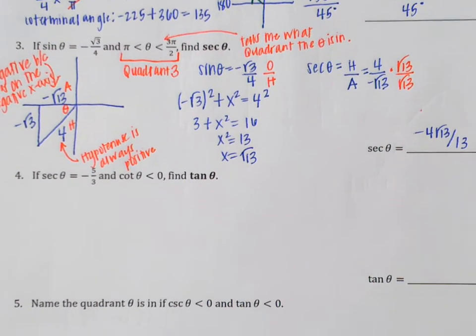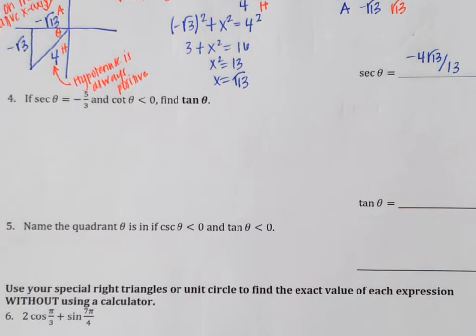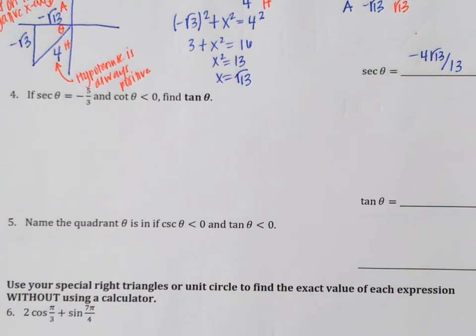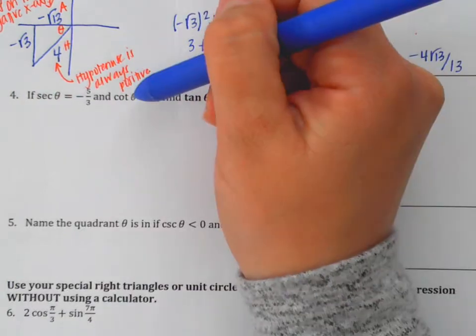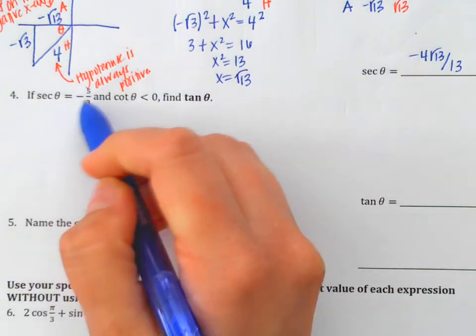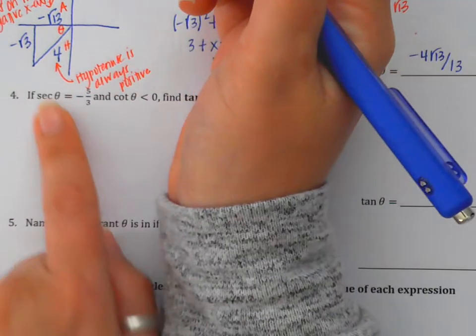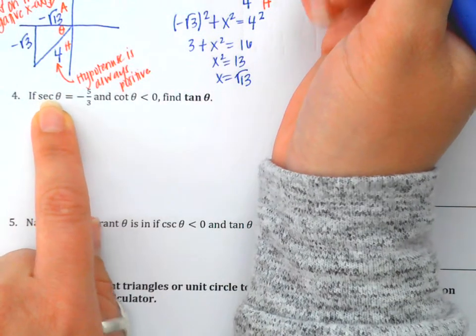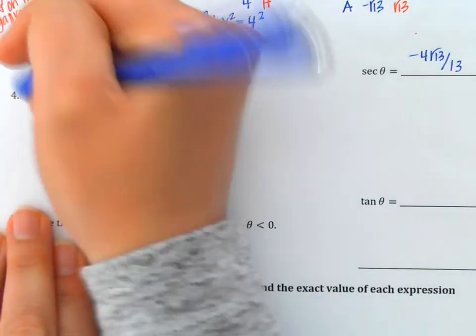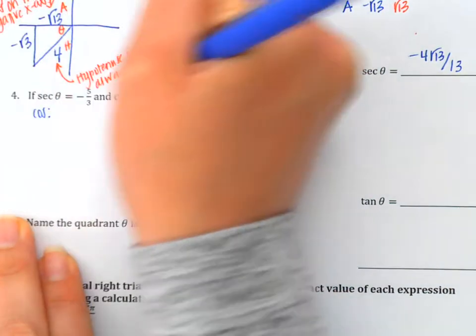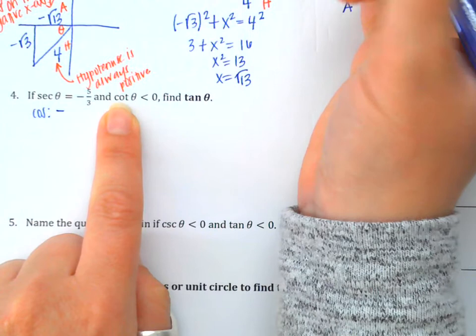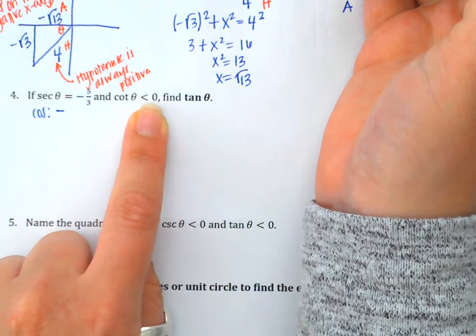Okay, so let's continue on with number 4. Number 4 says if secant theta is equal to negative 5 over 3 and cotangent theta is less than 0, find tangent theta. So first, this information and this information is now telling us what quadrant it's in. So it's telling us, okay, secant, which is the same sign as cosine, so cosine is negative. And then it's also telling us cotangent is less than 0.